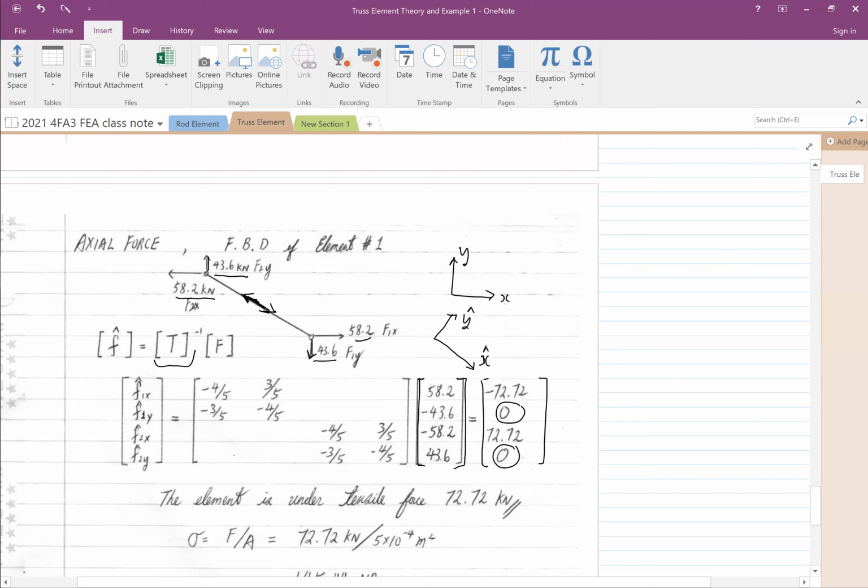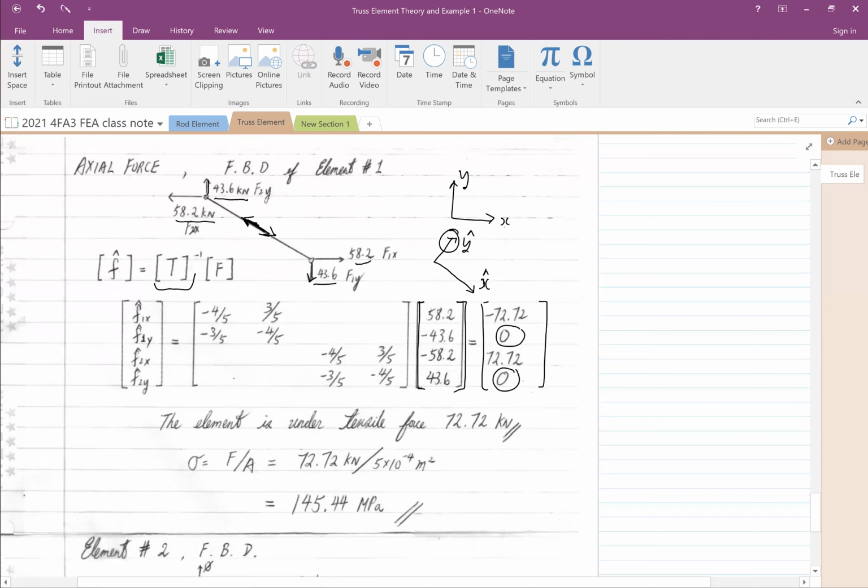Yeah, when I transform everything, there's no more Y values because it's not moving in the Y direction at all. It's only X. So we find out the actual force acting on the rod, along the rod, is 72.72 kilonewtons. And we divide by the area, we get a stress.